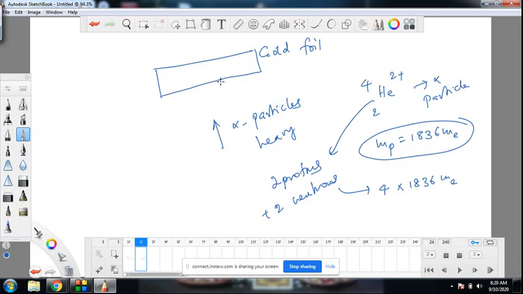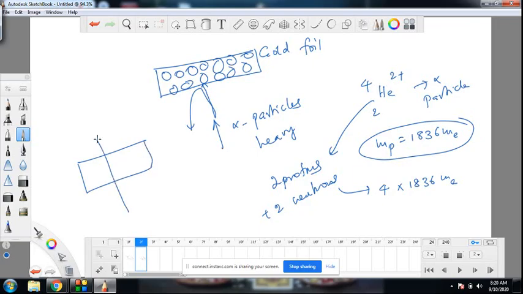In fact, if nucleus occupies very large space, suppose there are zillions of atoms here, and all these nuclei are jam packed, then when this alpha particle goes, it should rebound, because gold nucleus is much superior to alpha particle. Electrons are nothing, peanuts. But what is observed is, most alpha particles go undeviated or with very slight deviation.